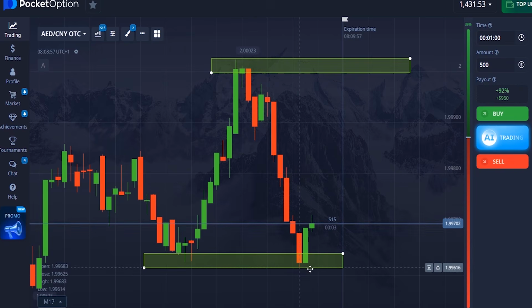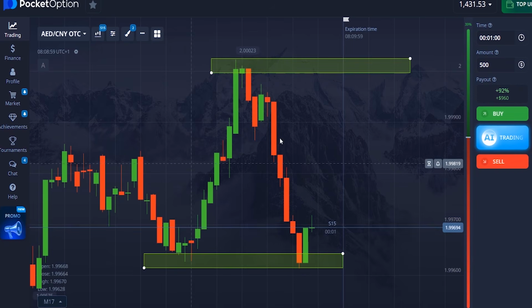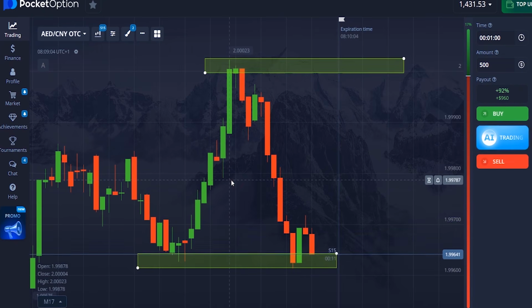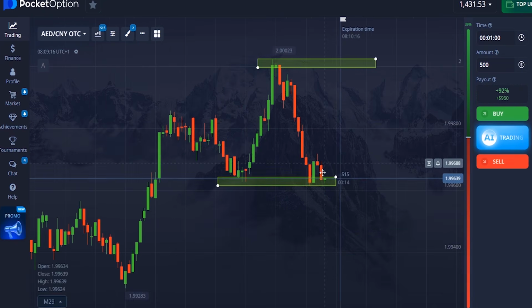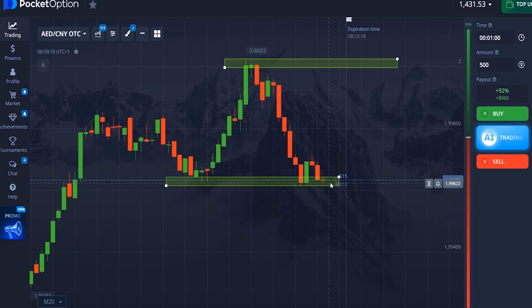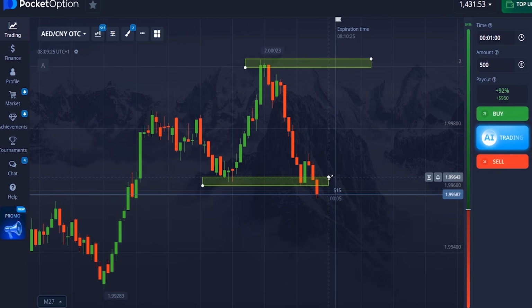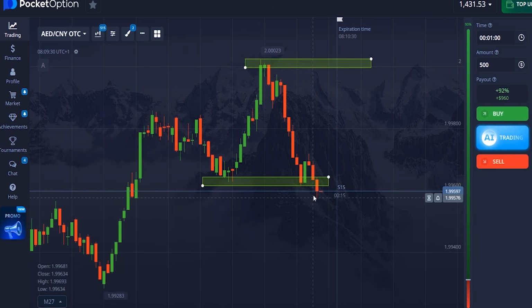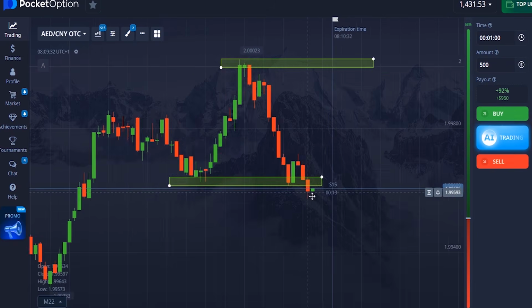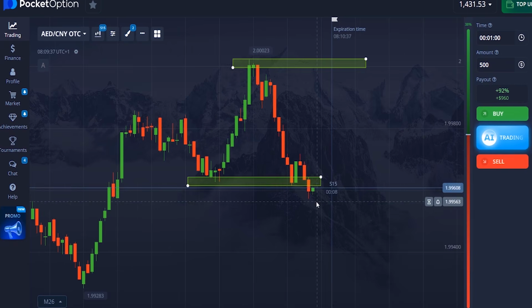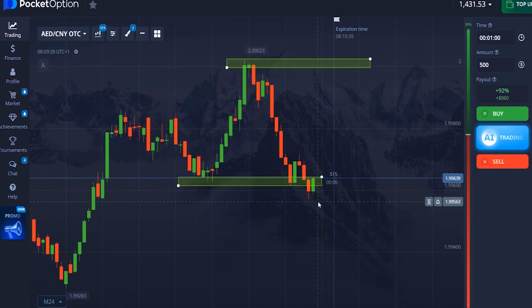So this serves as my support level and this serves as my resistance point. Right here there is a break of structure. This might be a fake out, but I just have to keep monitoring.